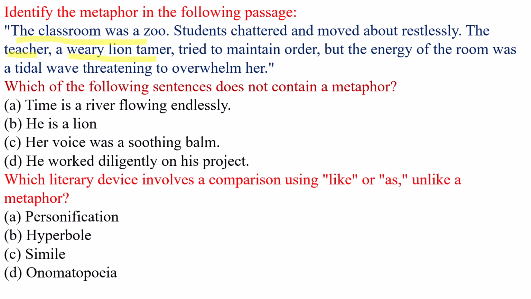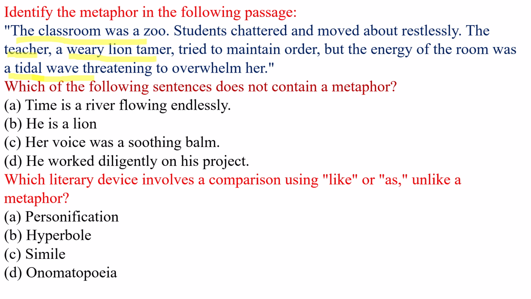She tried to maintain order, but the energy of the room was a tidal wave threatening to overwhelm her. This is a metaphor comparing the students' collective energy to a tidal wave. So these three are metaphors in the passage.